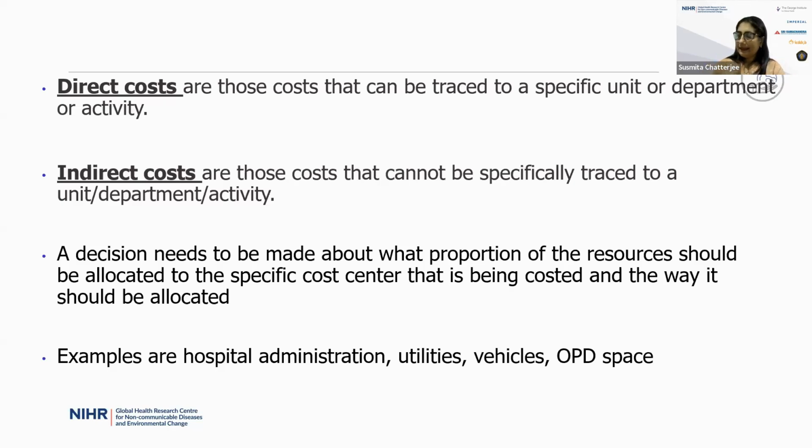We say that for this much incremental change. You were talking about the incremental cost effectiveness ratio, which we will be talking about later in detail.